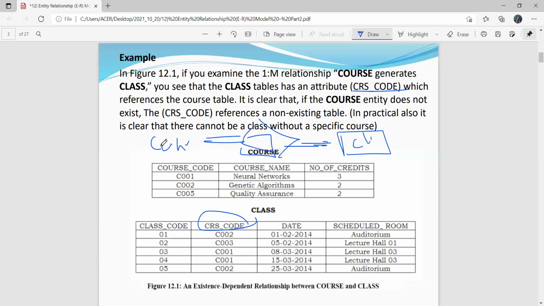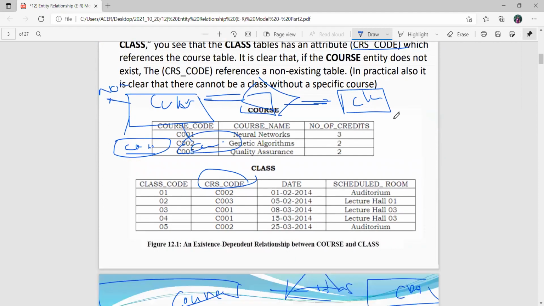This is the class, this is the course. The course consists of the course ID, which is the primary key, then the course name and the number of credits. So this one is class code, then the course code and the date and the room number. Likewise, you can see the attributes for these two entities.